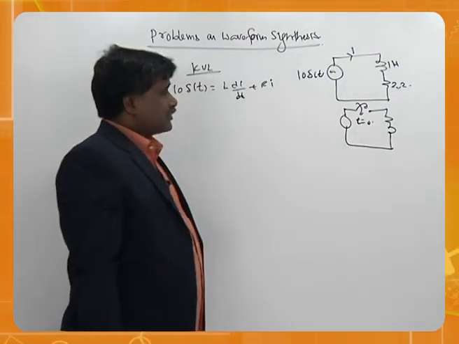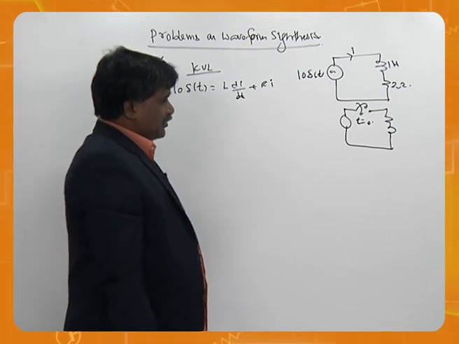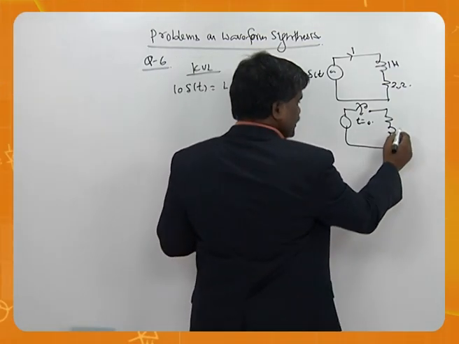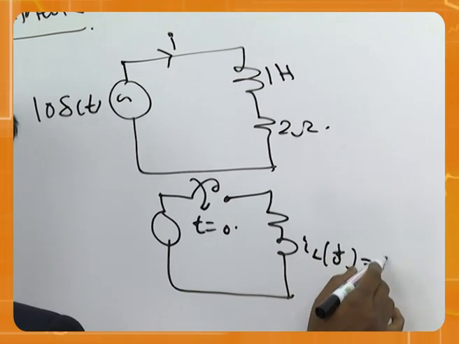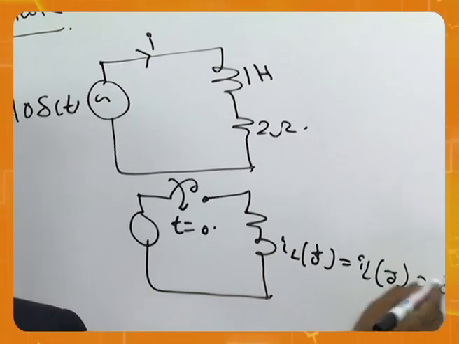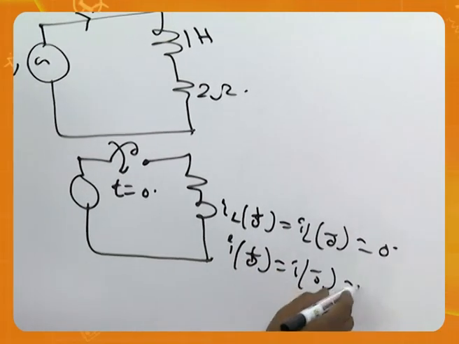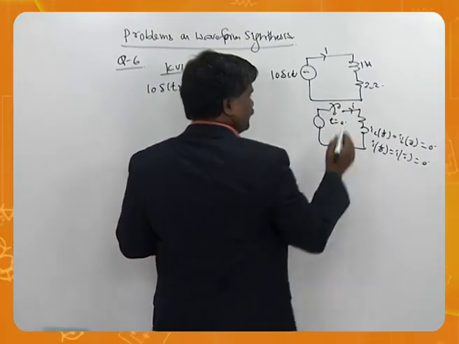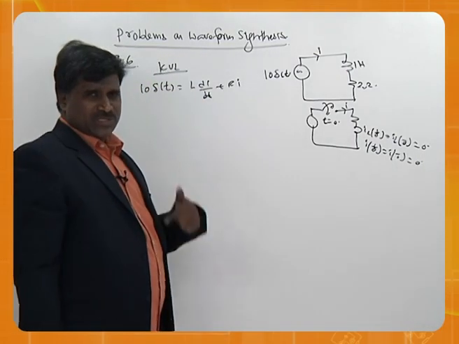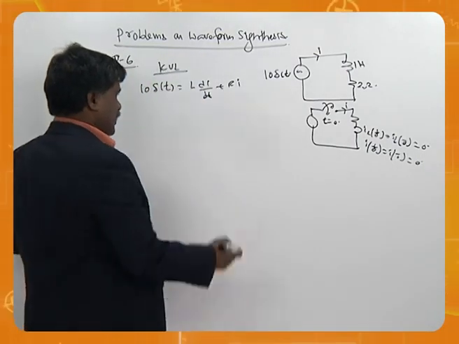That's how we can have it. And the interesting thing is, inductor current at 0 plus and 0 minus is 0. That means I of 0 plus, I of 0 minus is also 0. That's why most of the time we are ignoring them.